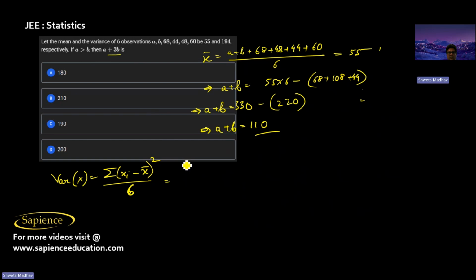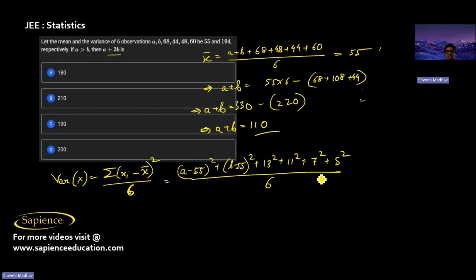Then (a minus 55) whole square plus (b minus 55) whole square plus, this is 68 minus 55, that is 13 square, plus 44 minus 55, that is 11 square, plus 48 minus 55, that is 7 square, then plus 60 minus 55, that is 5 square, divided by 6, that is equal to 194.